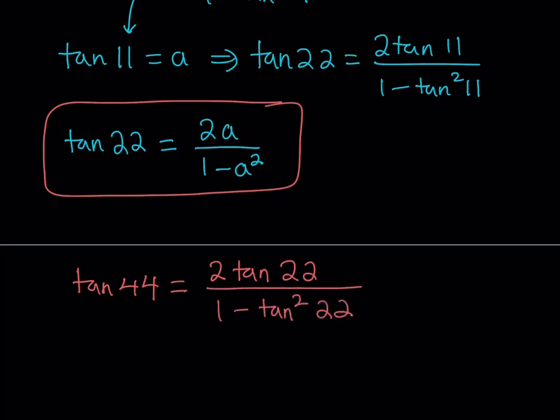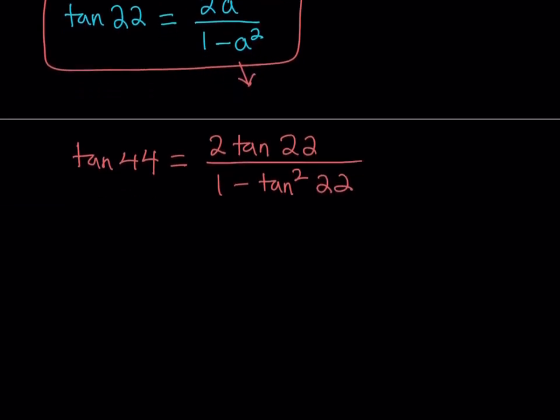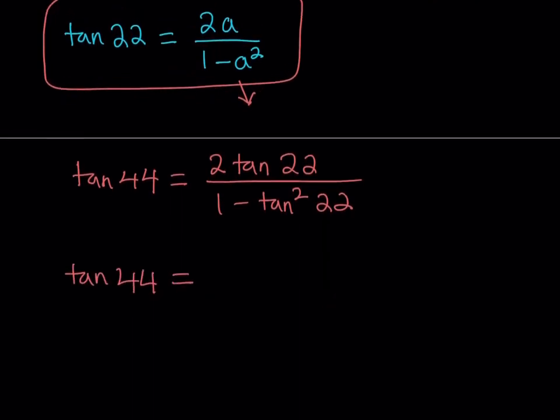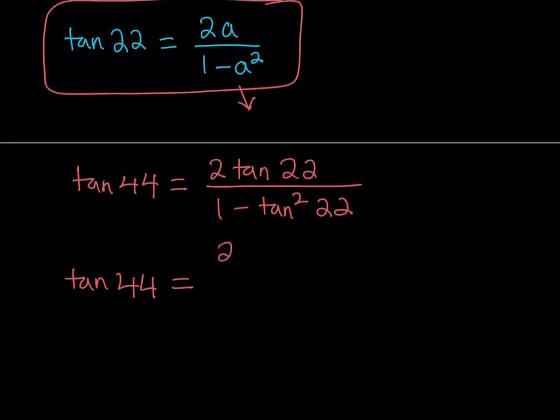All right, but we know that tangent 22 is equal to that expression. So I can replace tangent 22 with that expression. It's going to look like the following: 2 times 2a over 1 minus a squared, divided by 1 minus the quantity 2a over 1 minus a squared, squared.